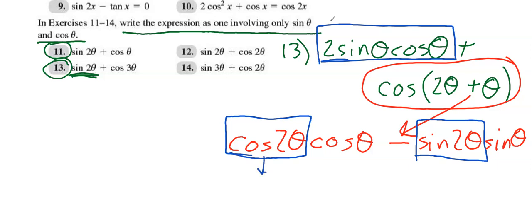Look at your formulas and let's make a choice. How many choices do you have for cosine 2 theta? 3. Can we use any of them? Because remember, the goal is to get rid of every double angle in there. I can live with a square. I cannot live with a double angle.